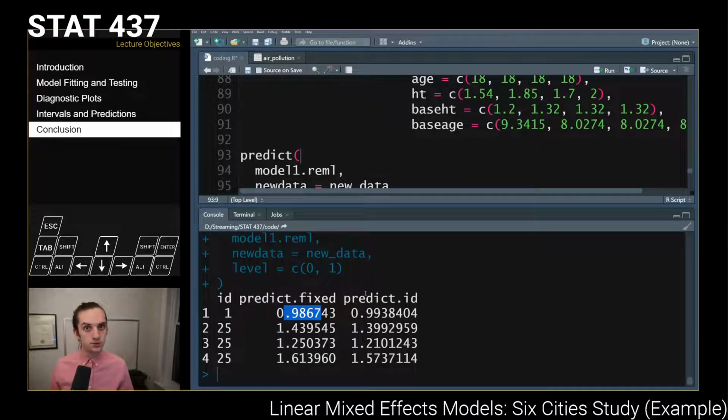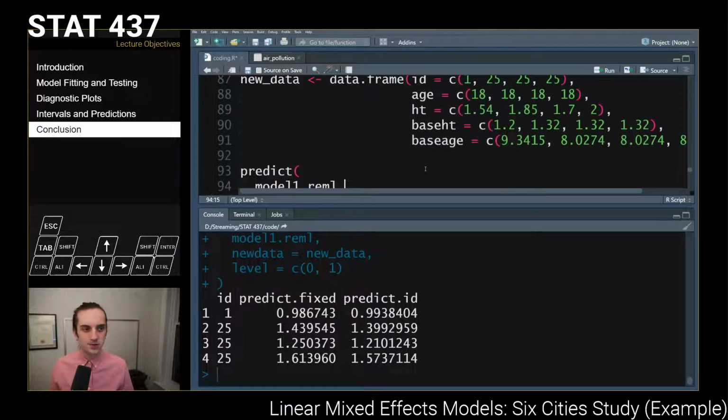Whereas for individual 25, no matter their predicted height, they're being estimated under the population average. So what we're thinking is that for the individual with ID 25, their random effects are going to be negative, so they're pulled below. They're a lower responder than the population would guess.